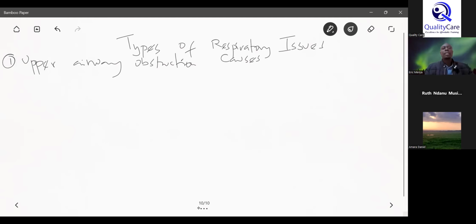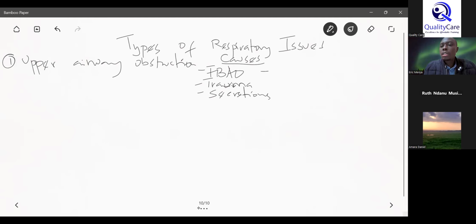Daniel. Trauma, foreign body, secretions. I think mostly in kids, they're just those infections, maybe croup, and anaphylaxis. Yes.